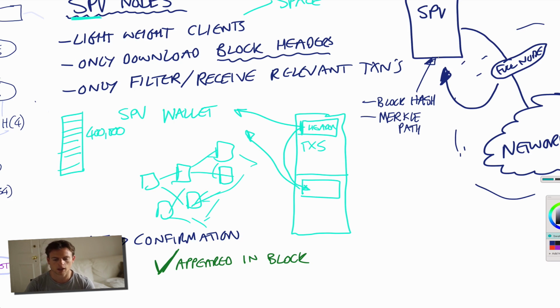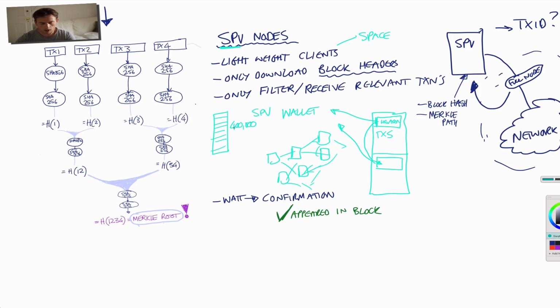And let's have a look at exactly how that happens. So our full node, down here, has been asked by this SPV node over here, which block contains TX3.